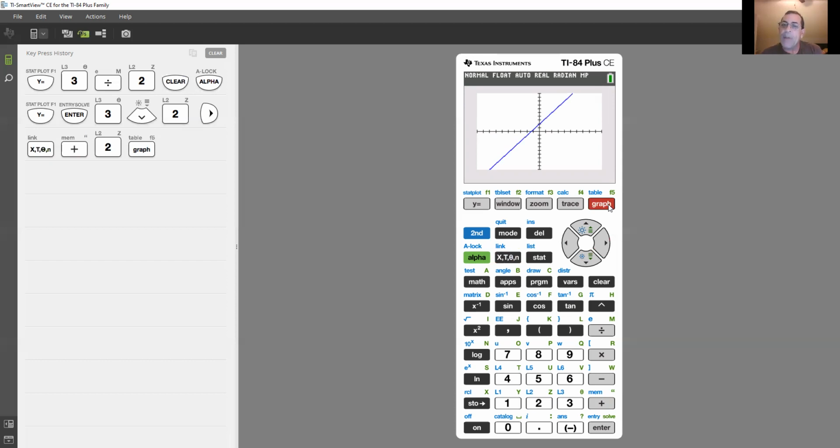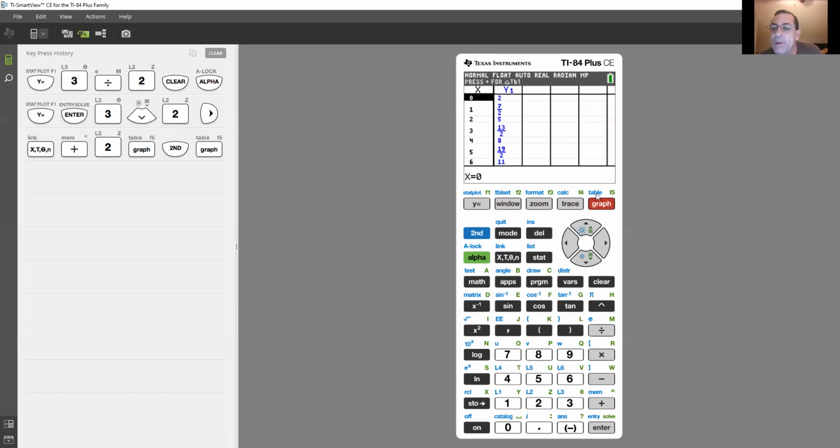To graph this in MATLAB, since this is a straight line, we need 2 points. So to get points, I can hit the second button, and then the graph button. See how it says table above it and it's in blue? That means you hit the blue button and then the graph button, and it brings up a table here. So you can come in here and pick out some numbers you want to graph.